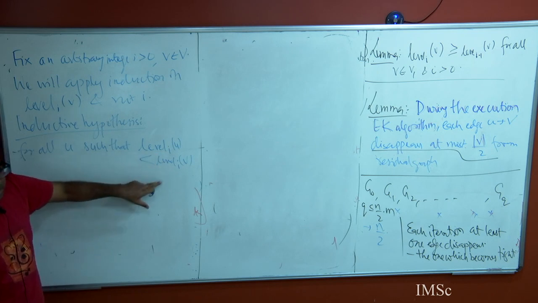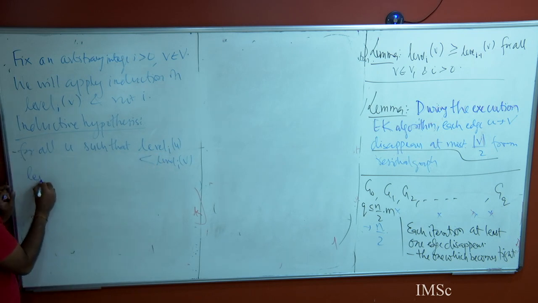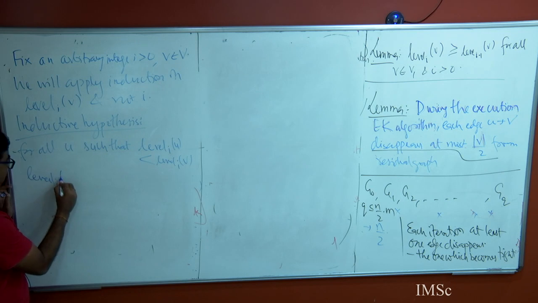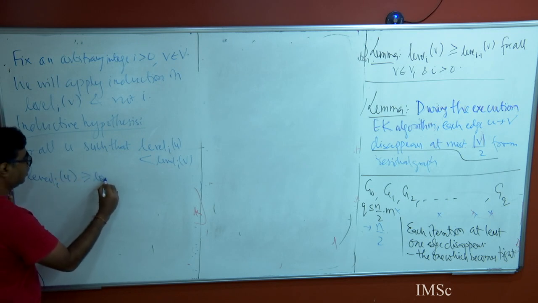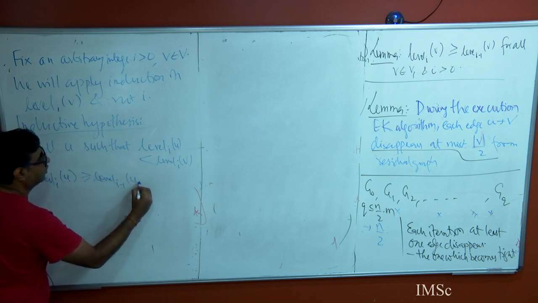Who has strictly less? We know that level_i of u is greater than or equal to level_{i-1} of u.